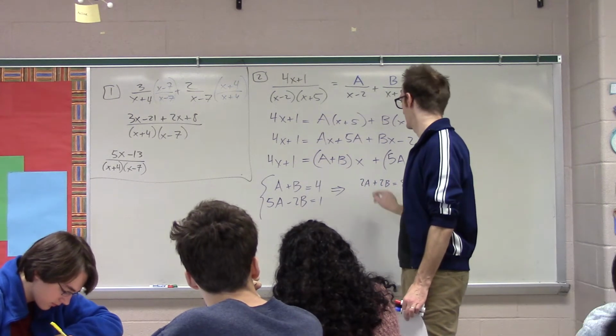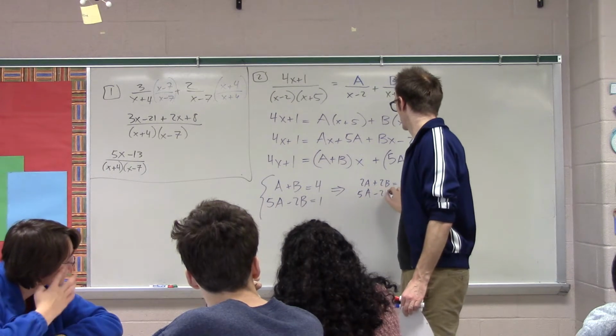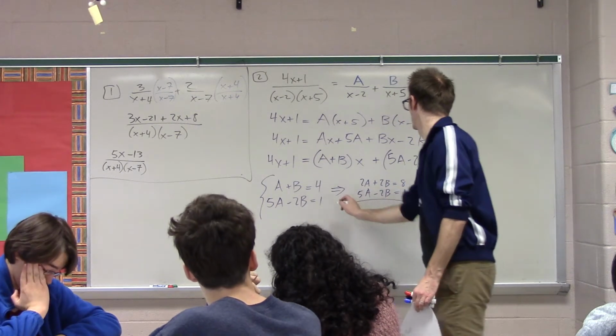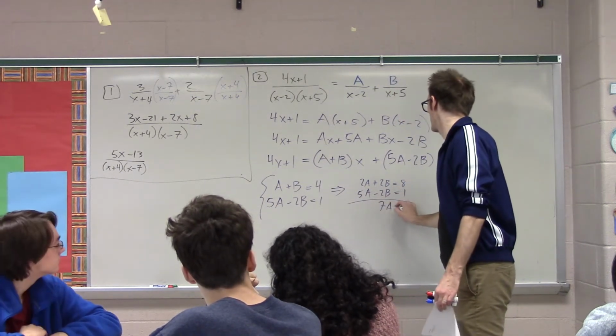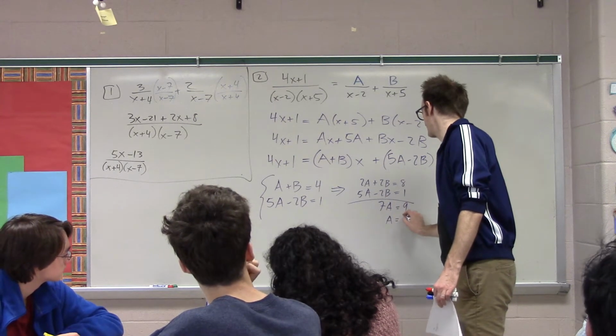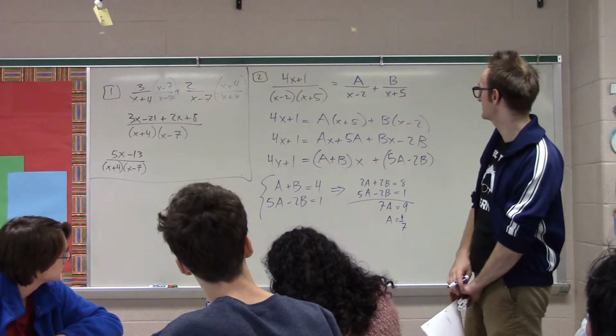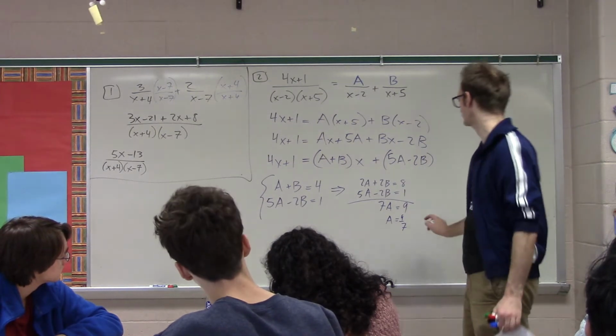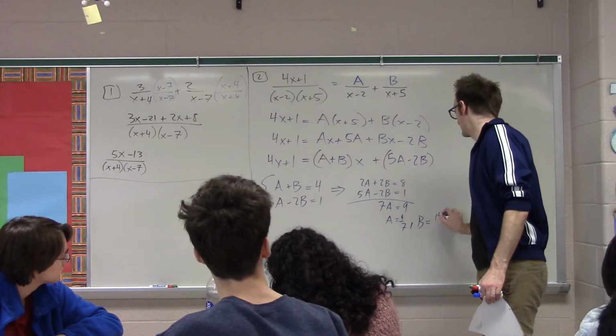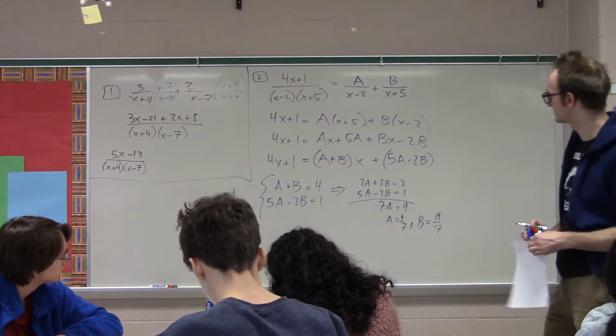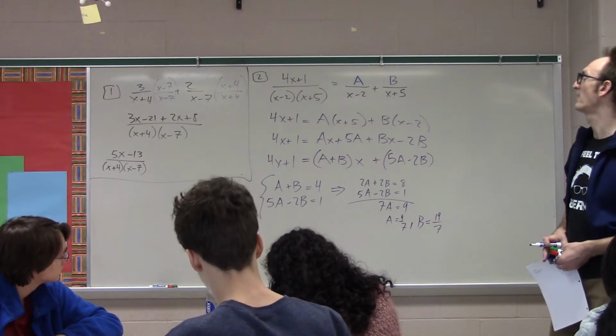All right, so 7, 8, 9. Did you guys get 9 sevenths for a? Those of you who are staying ahead of me. And if a is 9 sevenths, then b must be 19 sevenths. Cool?